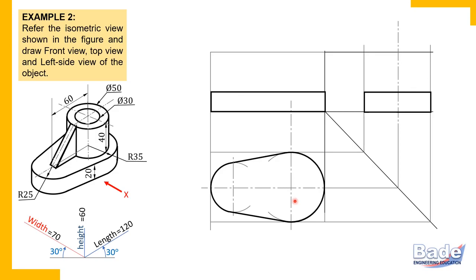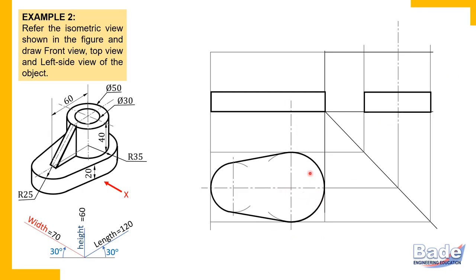Now, initially develop the habit, because that is the proper way to complete three views of an object, or when you want to draw two views of an object. Remember, construct the required views simultaneously. That's always better. Of course, once you have enough practice, if you think of completing the top view first, then the front view, then the side view, or first the front view, then the top view, then the side view, no problem at all.